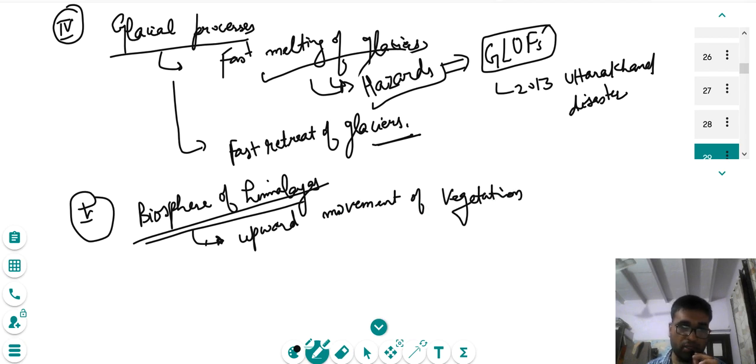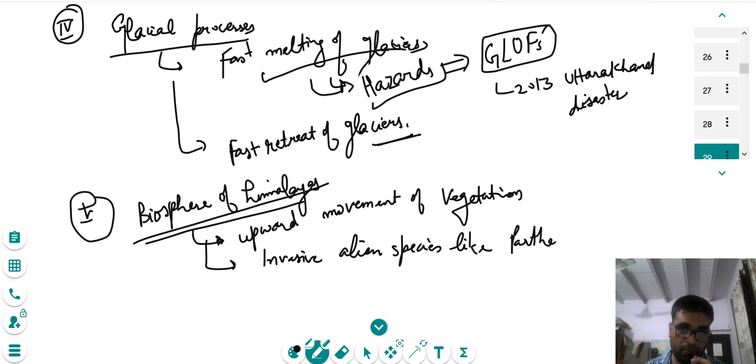Plus, because of global warming, there is increasing threat of invasive alien species, like Parthenium. What is the other effect on the biosphere of Himalayas because of global warming?